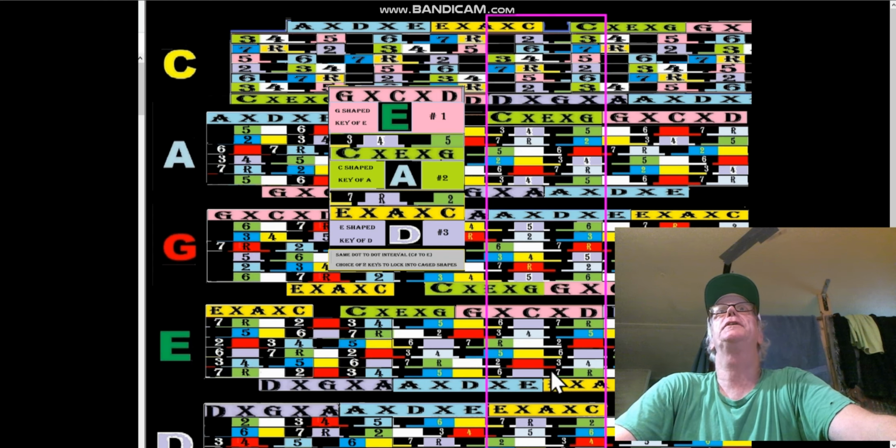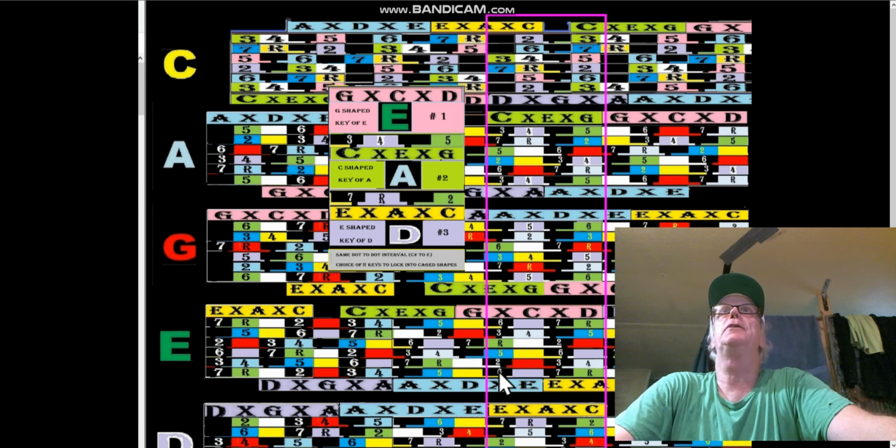Let's talk about going to the left. So we've got our G-shaped E. With the G shape, you have the root, and we could just use this keyboard to the left. So we would go in CAGED. If we're in G, we're going to go up a pentatonic scale.